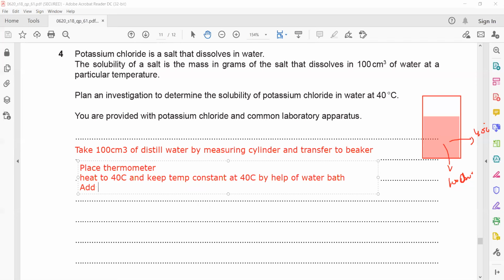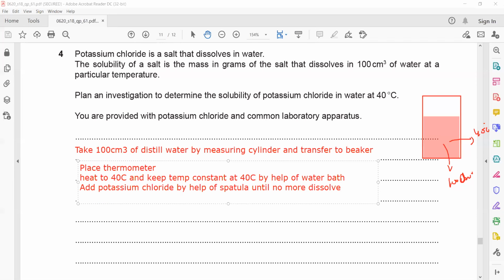Then we will add potassium chloride until no more dissolves. And how can we add potassium chloride, the solid? By the help of a spatula, until no more solid dissolves. Then we will filter.